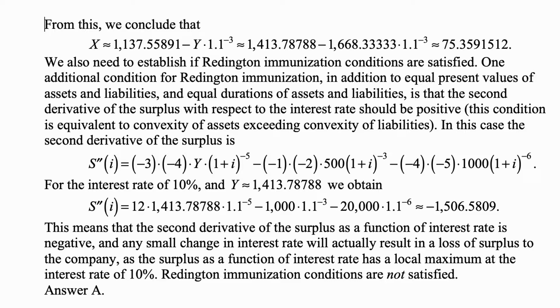It protects you if you have assets that have higher convexity than your liabilities. And that means that the assets are more spread out over time, the payments of assets, the cash flows of assets, or that assets are relatively long-term in terms of their maturity or duration. Anyway, this is answer choice A.